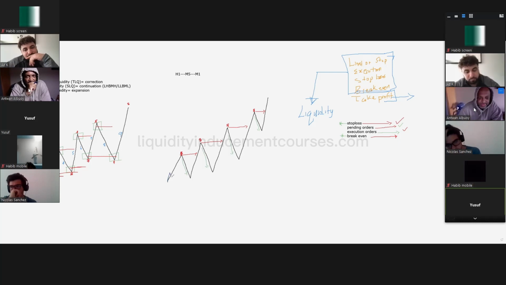then higher low, higher high, then higher low, higher high, then higher low, higher high. You could even do this, then it goes higher, then higher low, higher high, higher low, higher high, and so on.